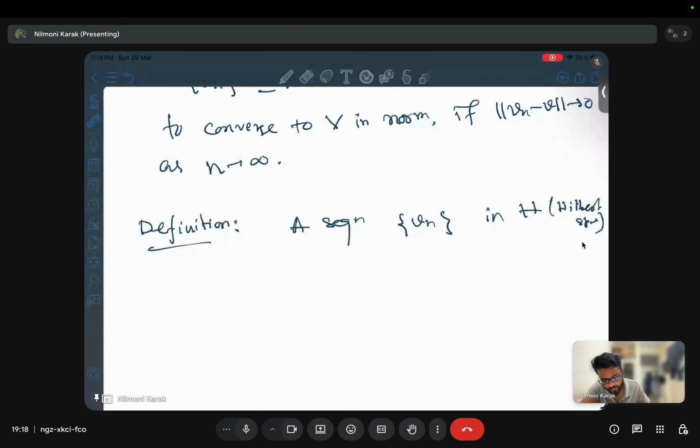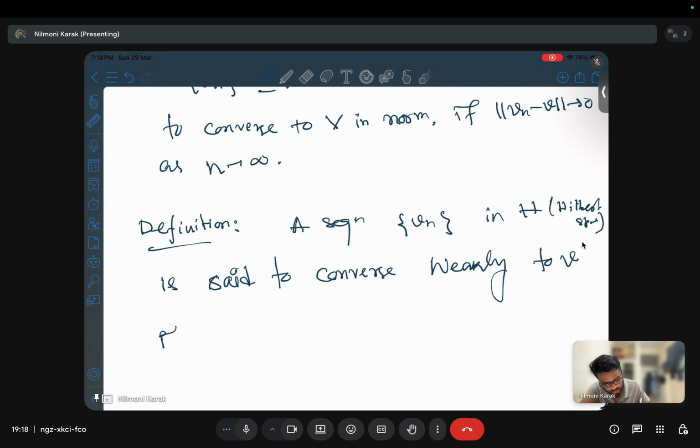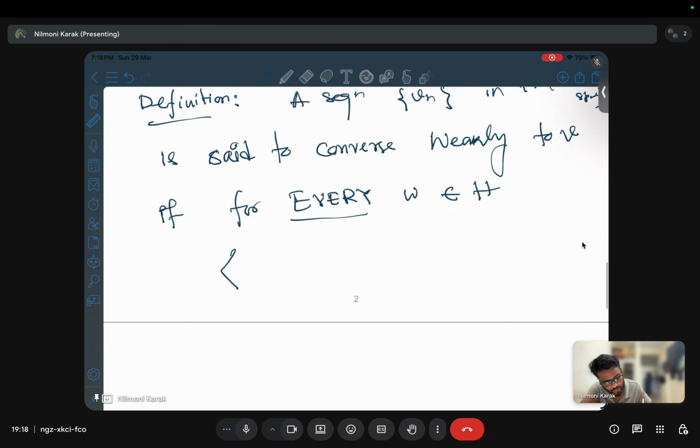Whenever I write H, you should assume it is a Hilbert space. A sequence Vn is said to converge weakly to V if, and this is important, for every W belonging to H, the inner product of Vn minus V with W goes to 0 as n tends to infinity.